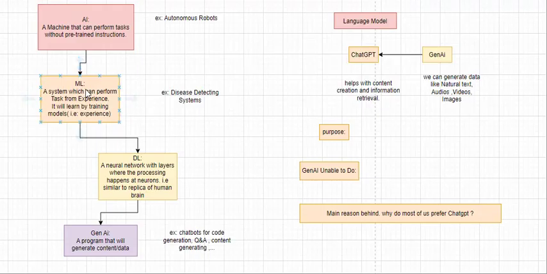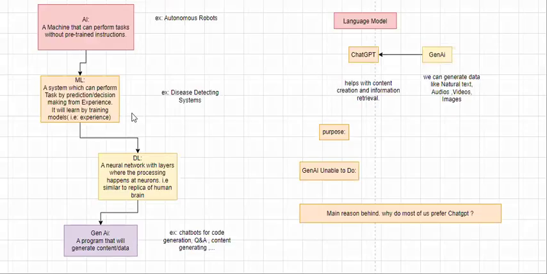Coming to ML. So why does this ChatGPT not fall under ML? What is ML? ML is nothing but a system that can perform tasks based on its prediction or decision making from experience.